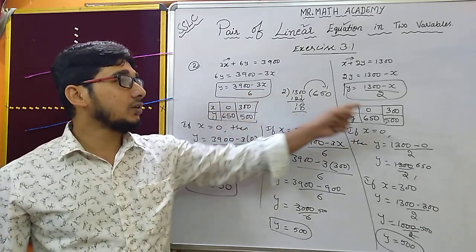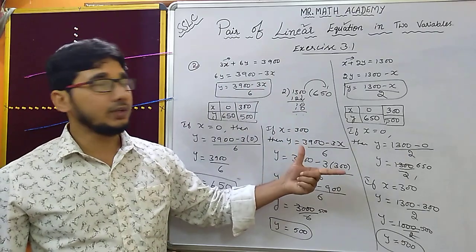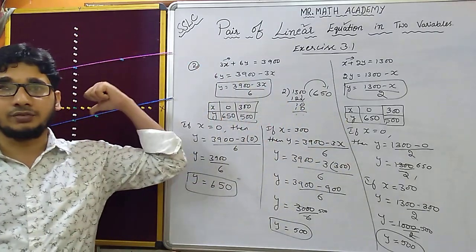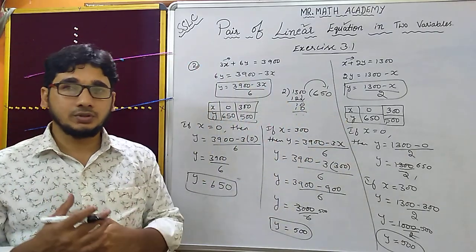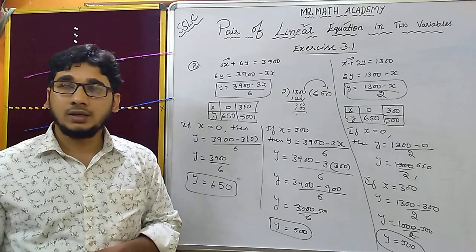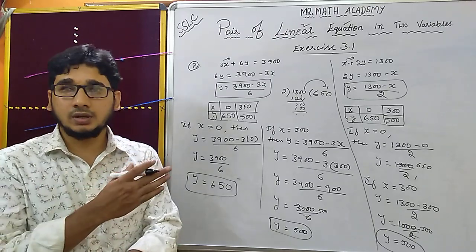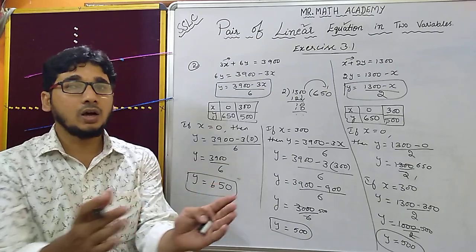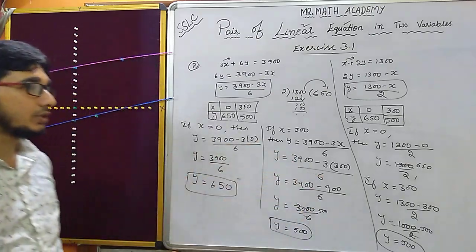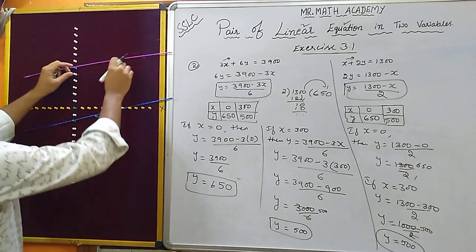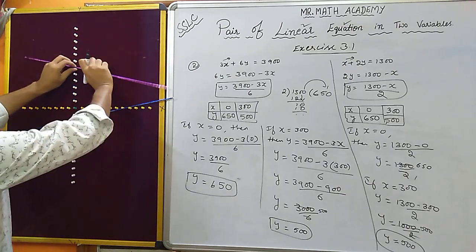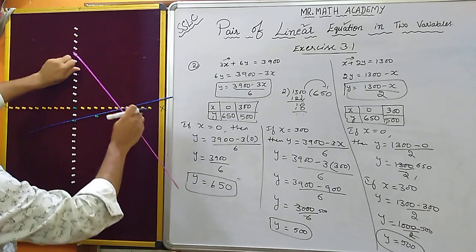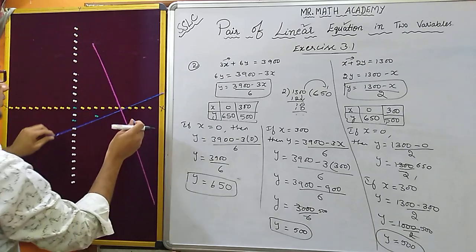So for these kinds of equations, after solving, if you put these points in the graph, what type of straight lines will you get? Either intersecting lines, parallel lines, or coincident lines. Okay, we'll think about it. Let me remove this first, and I'll arrange it back as it was.